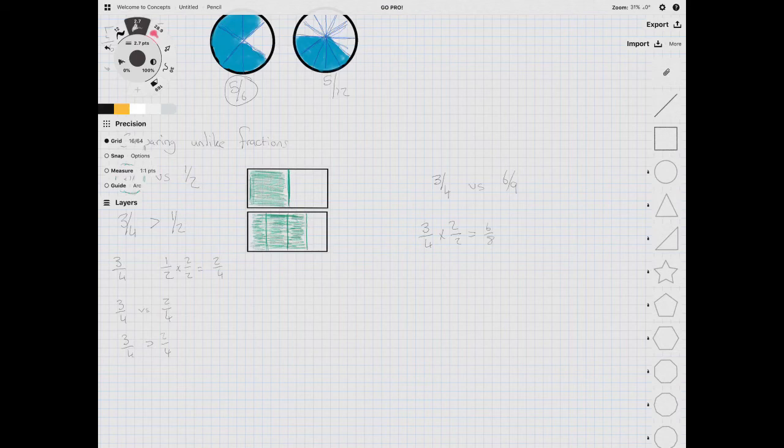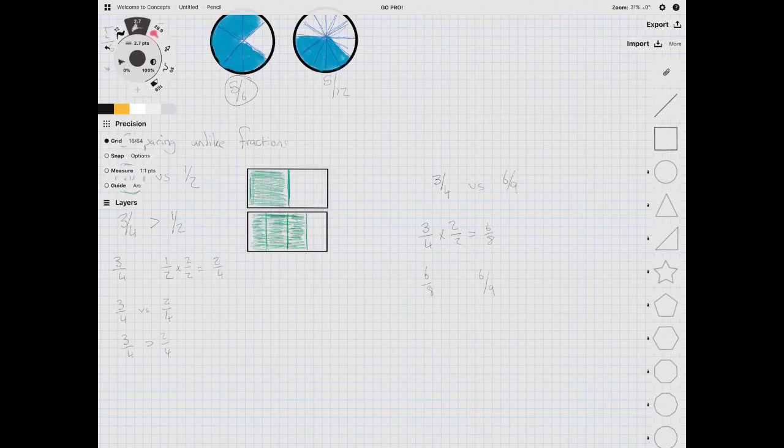They are equivalent fractions. Okay, so now I've got two fractions, 6/8 and 6/9. Which one of these fractions is broken up into smaller parts, 8s or 9s? I know that 9s are smaller because they are broken up into more pieces.